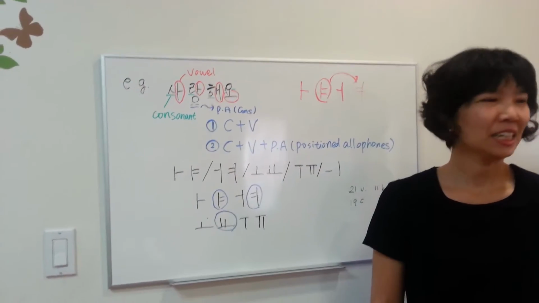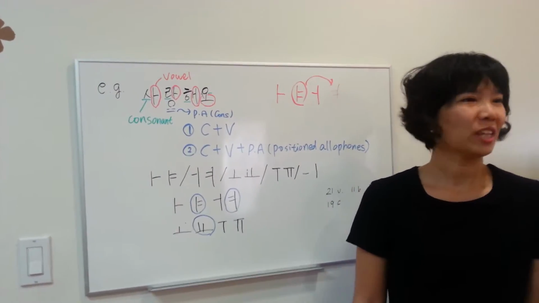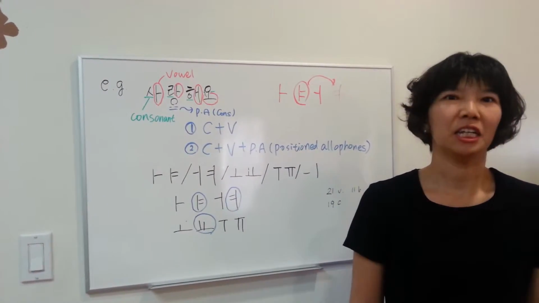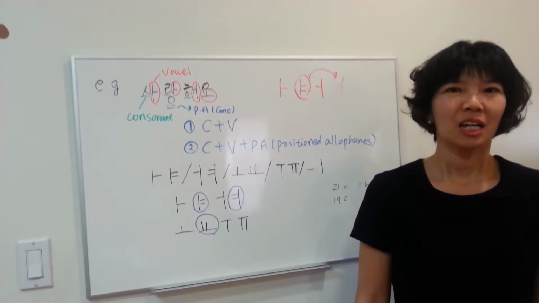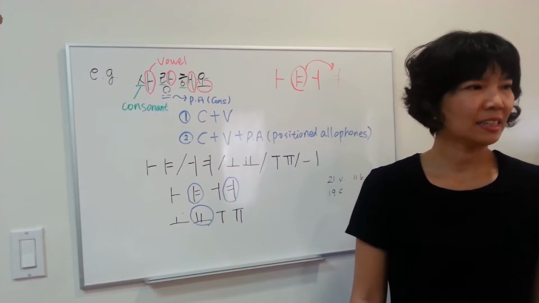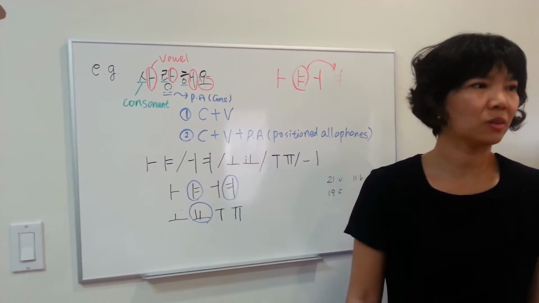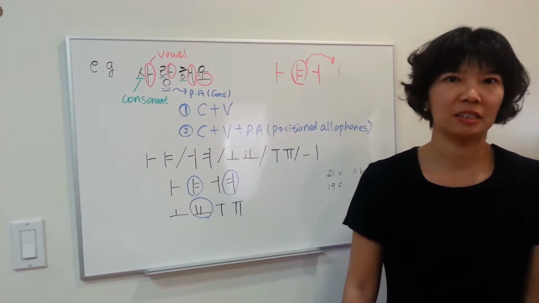Good afternoon, everyone. My name is Jeannie, and today I'm going to demonstrate teaching Korean in English. Before I start my class, I'd like to briefly explain the teaching objective for this class.